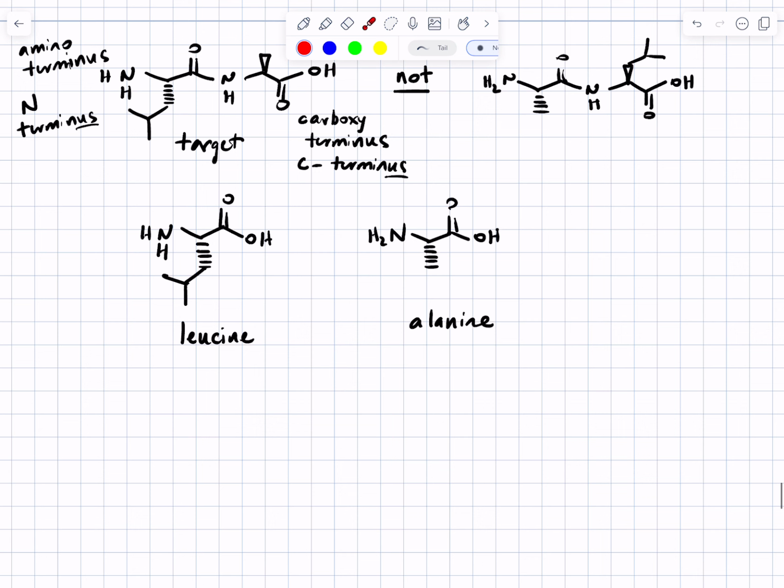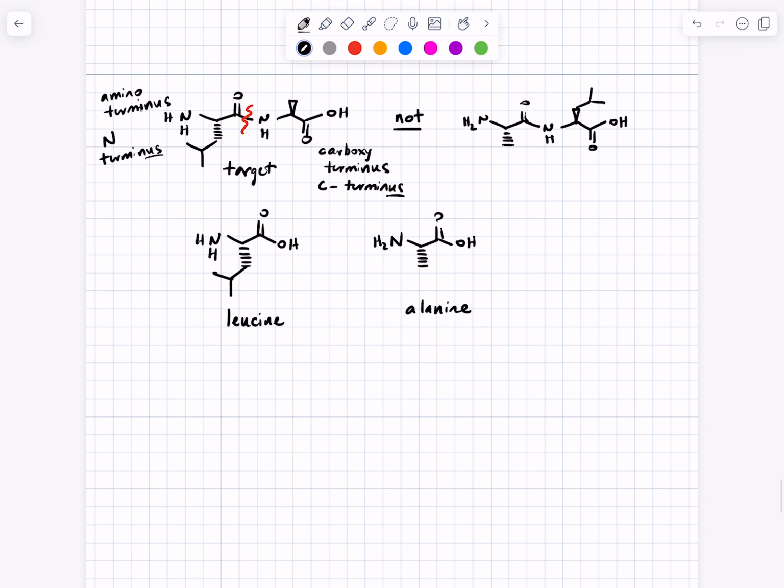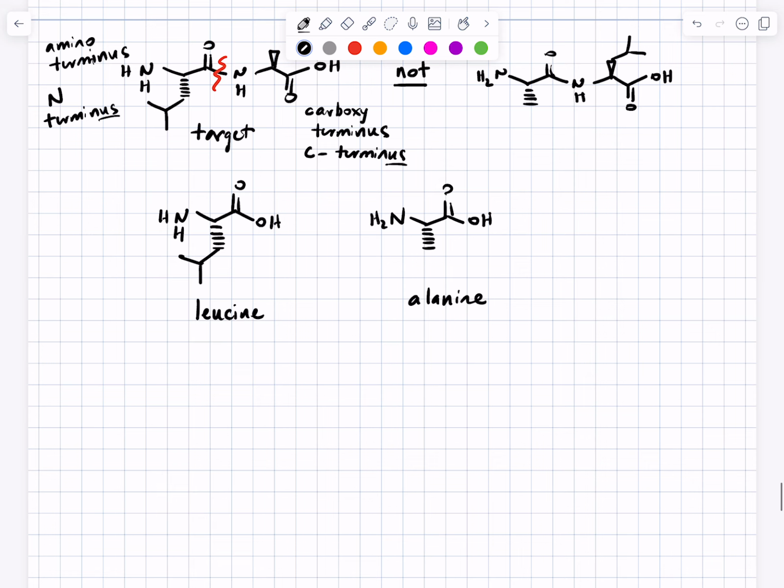All right, so if I were going to do this, the bond I want to make is this bond between the nitrogen of alanine and the carbonyl carbon of leucine. Then probably I want my starting material for that step to have leucine with its amino group Boc protected, so that the only thing that can happen to leucine is reaction with the carboxylic acid.